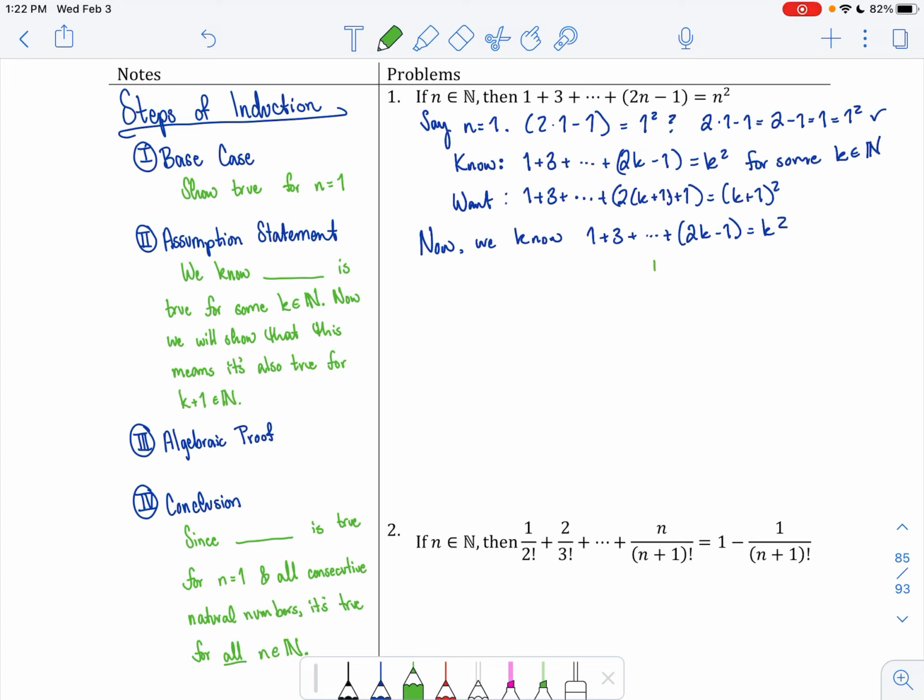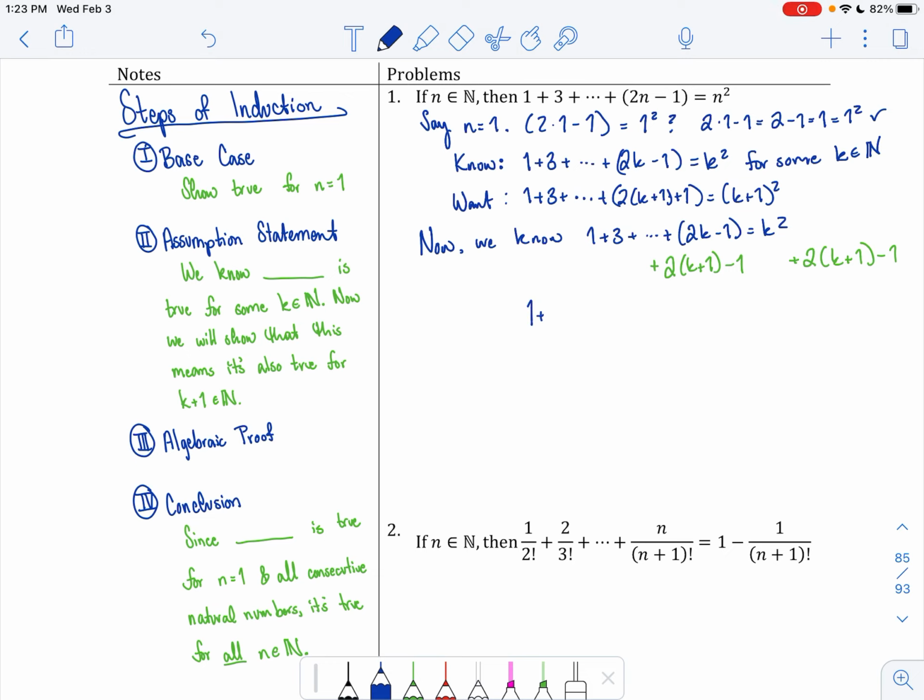So what I'm going to do here is add the k plus 1 term. So then what I have is I now have my summation is what I want it to be, right? It's the series all added up. So now the left side of my equation is what I want it to be. But it's an equation, so I have to add the same thing to both sides. And because we started with something we know is true, we can do that with our equation.